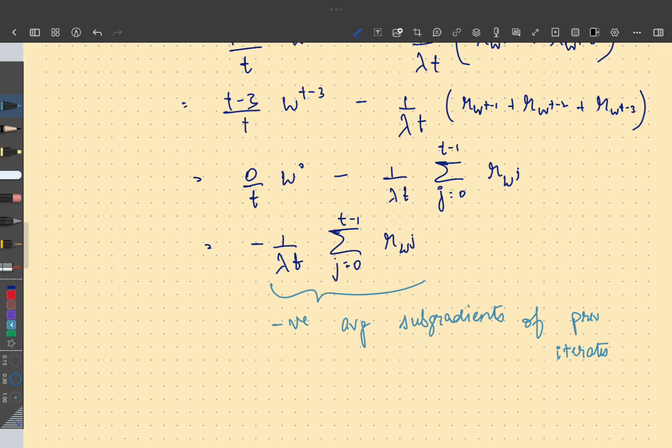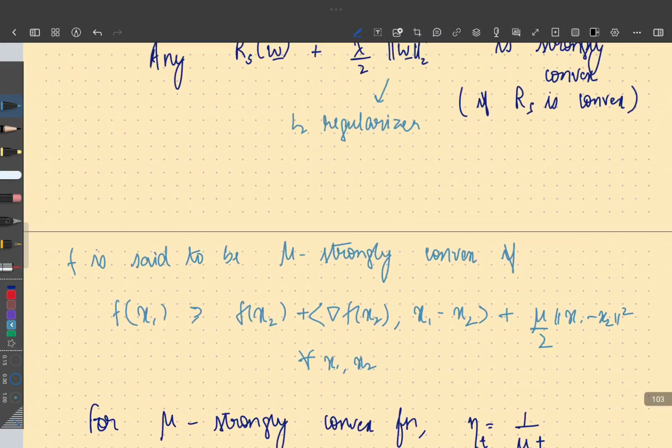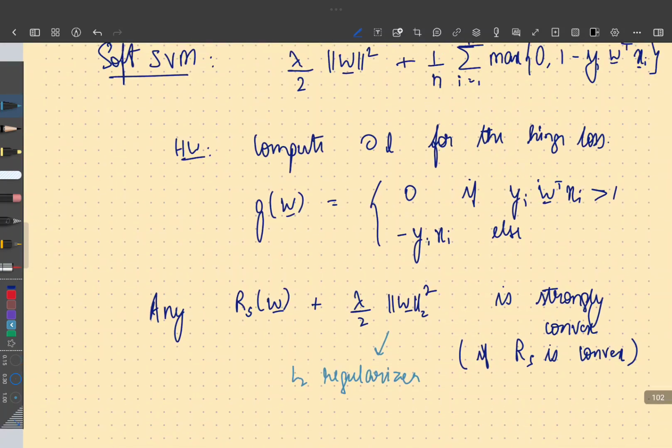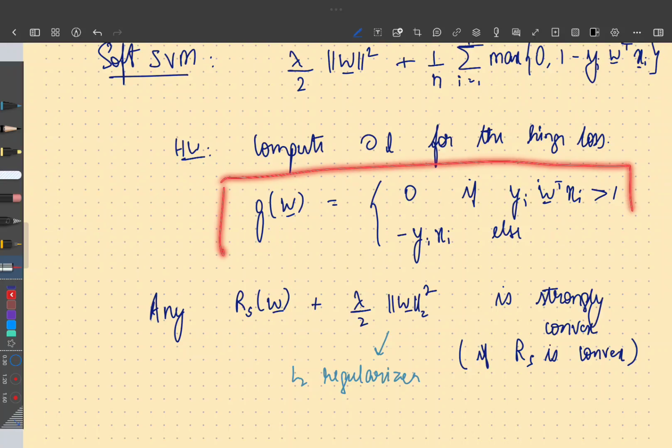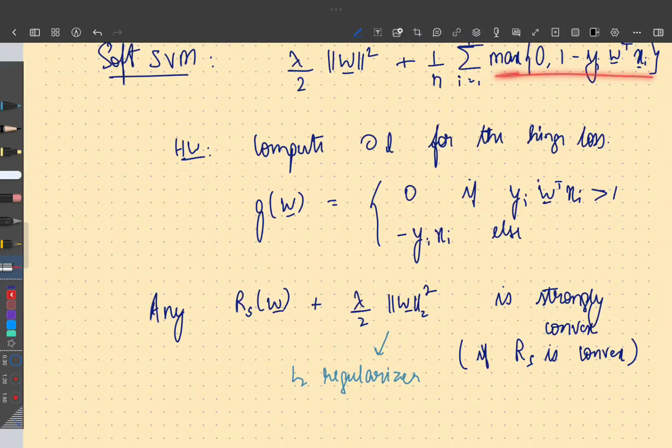So when we specialize this to soft SVM, we get a rather simple looking algorithm, because we know that we can choose the following subgradients for the hinge loss. It's equal to 0 if the classifier at the current iterate predicts things correctly, and that too with a positive margin. And you set it equal to minus y_i, basically you do some kind of course correction, otherwise.